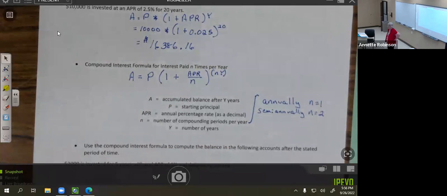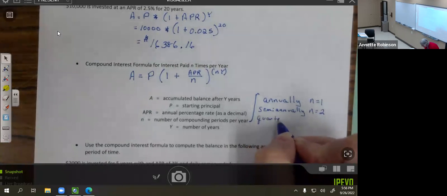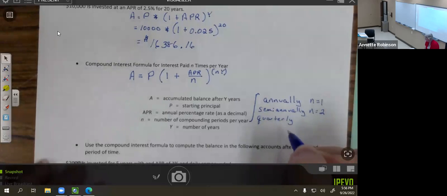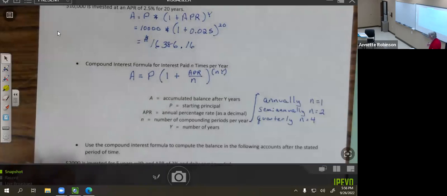They usually go in June and then in December, giving you interest. So that's semi-annual. Of course, quarterly, and quarterly is more how taxes are paid if you own a business. Quarterly, N would be 4 times a year, at the end of every 3 months.